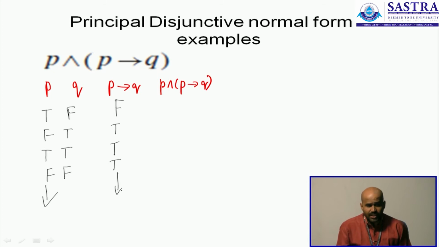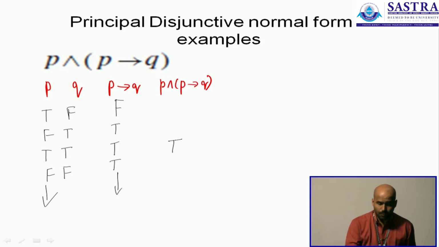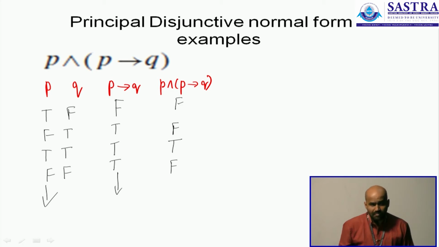The conjunction takes a true value only in one of the 4 cases. Only when both are true, only in the third row, and only that is true. Everywhere else you find at least one false value and all of them vanish, go to a false value.